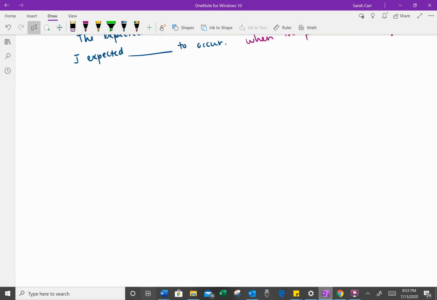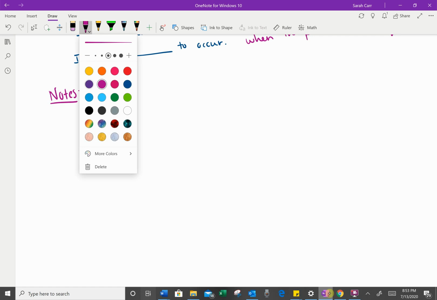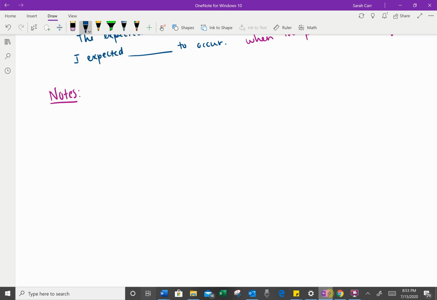So briefly, there are two more things I want to talk to you about. They're kind of extra notes just to remember when writing this section. One, this section is very important in terms of describing why this research matters. So why research is important.